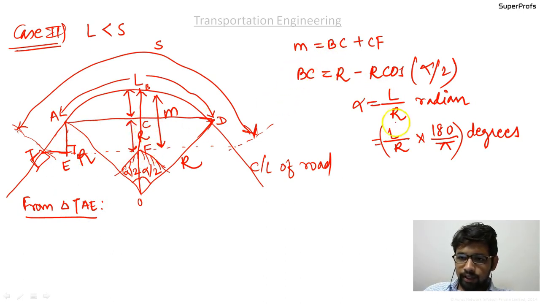So BC we have already calculated, and now we want to calculate the distance CF. CF is equal to AE.